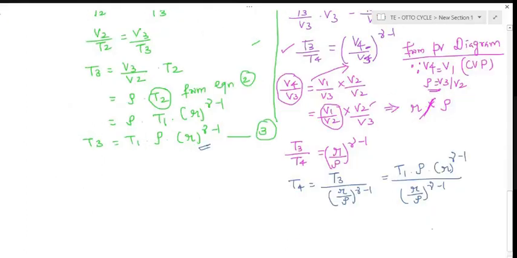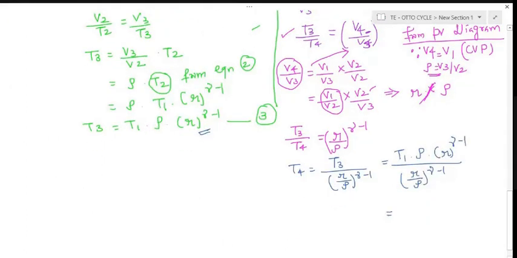Here we have r power gamma minus 1 in both, which gets cancelled. And here we simply have rho, and rho power gamma minus 1 in the denominator.